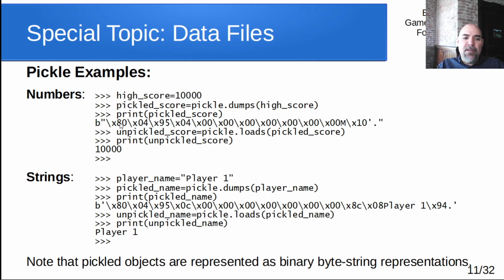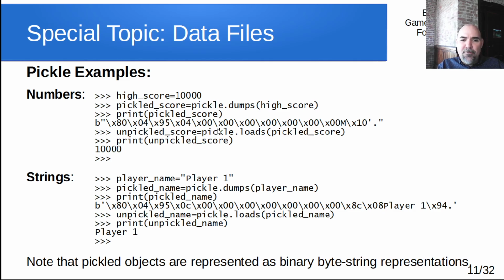The first value is the hex value 80, followed by 04, followed by 95, followed by 04, then a run of 00 bytes, and then a capital M, and the last one here is a hex 10. So this whole thing is the representation of the value 10,000.